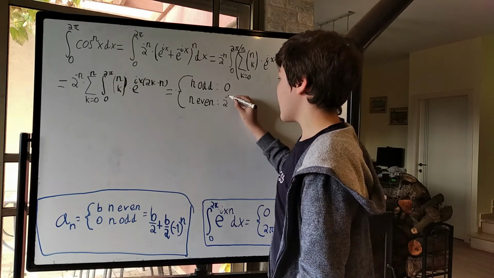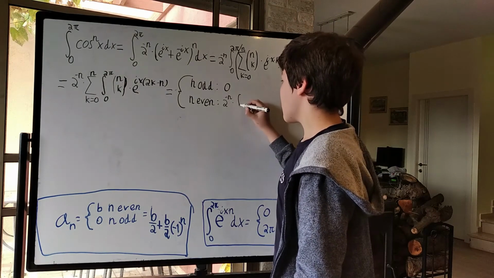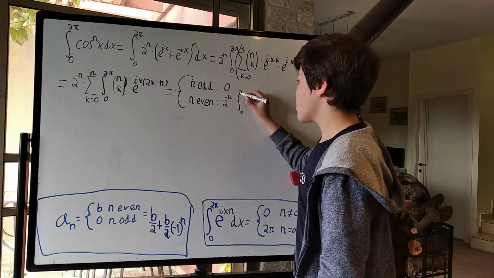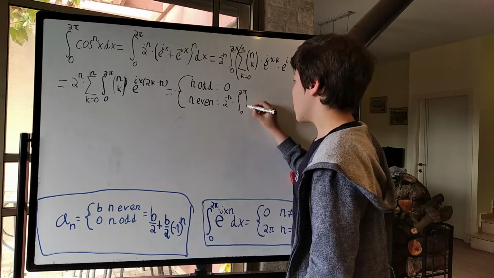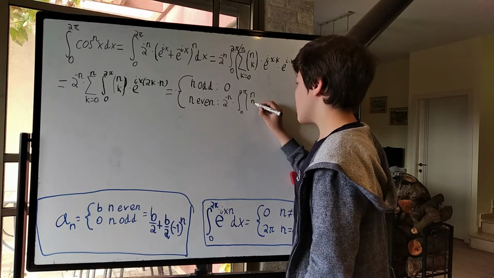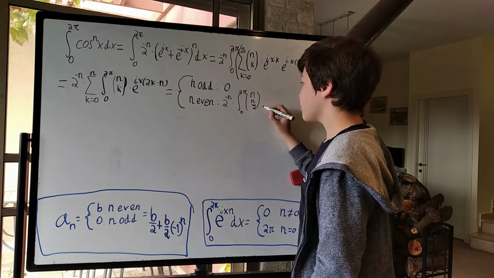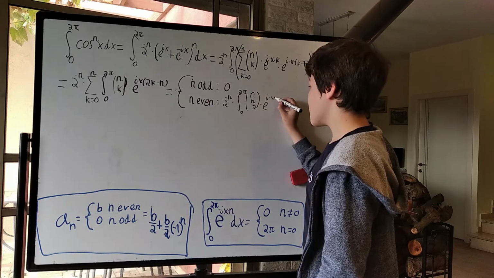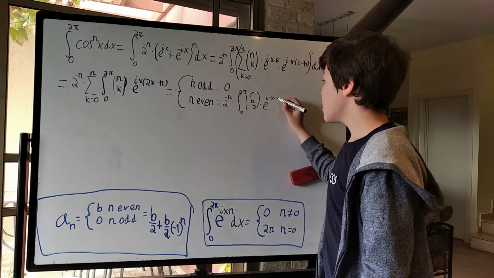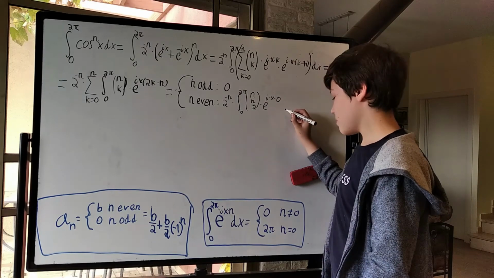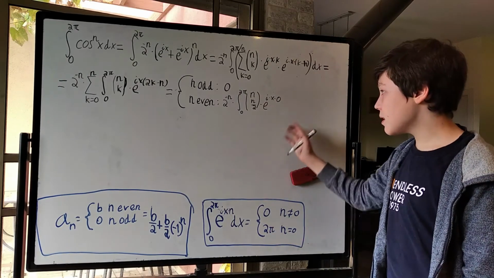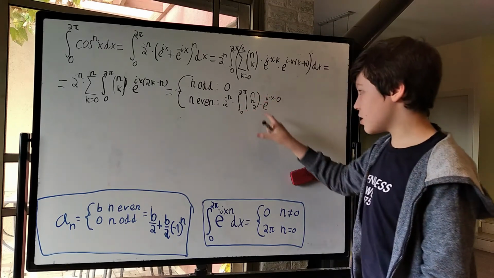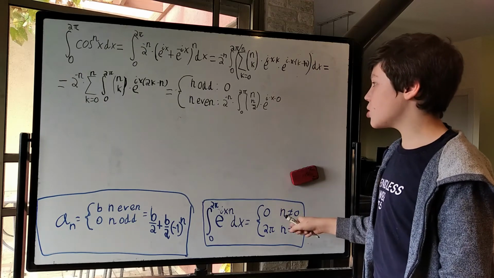So I'll have 2 to the negative n times, and now we have the integral from 0 to 2 pi of n choose n over 2 times e to the i times x times 2k minus n, which is 0. Again, by this establishment, the integral is going to be n choose n over 2 times 2 pi.